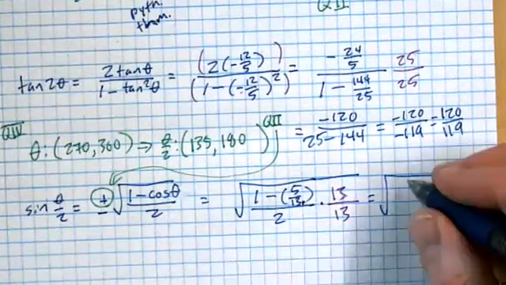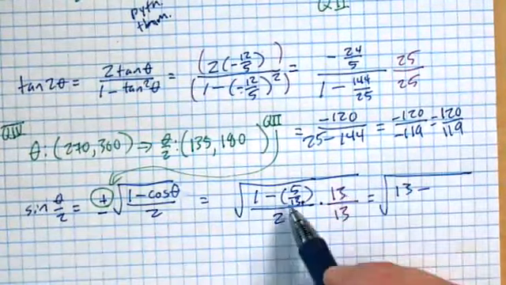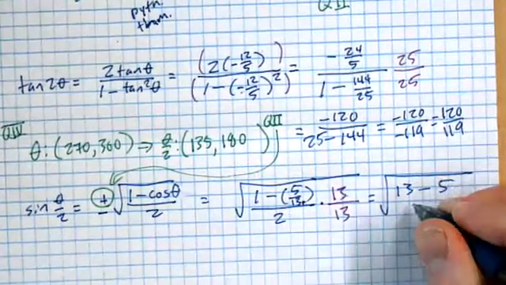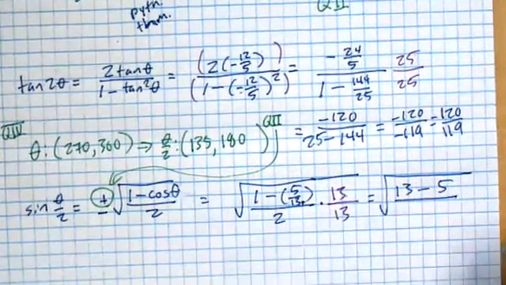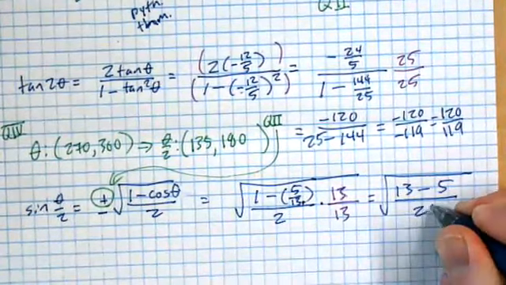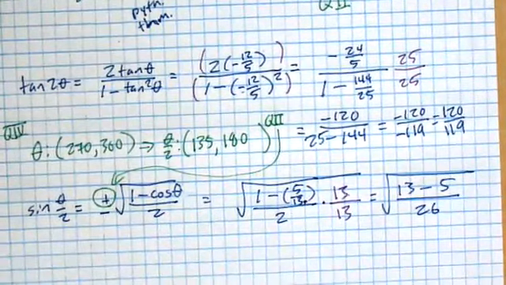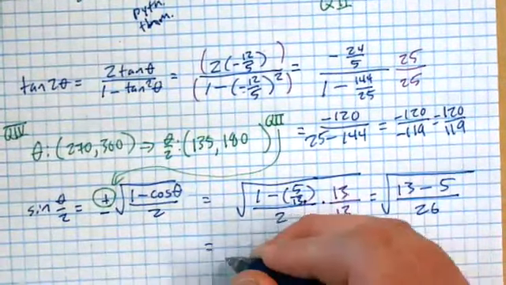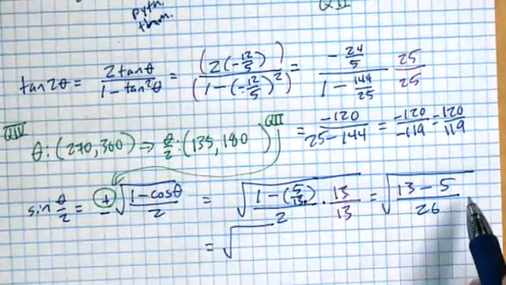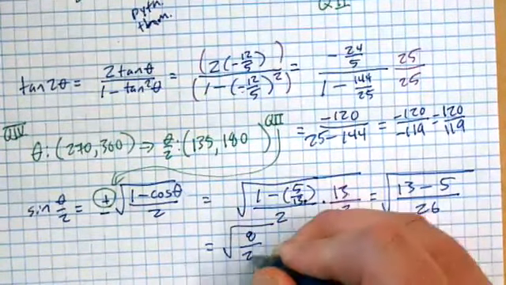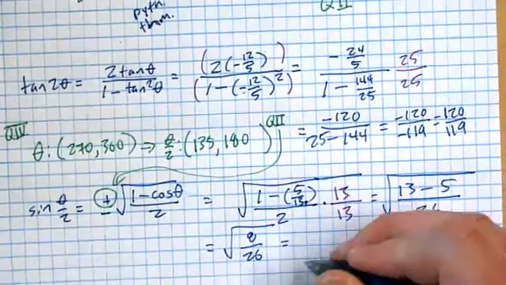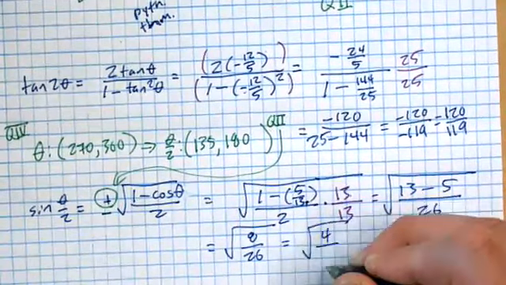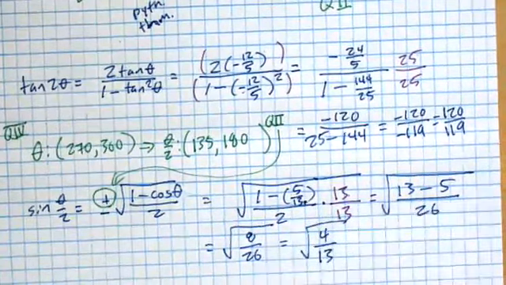So 13 times 1 is 13, minus 13 times that fraction is going to bust the fraction and just be a 5. 13 times 2 is 26. That's the square root of 13 minus 5, which is 8, over 26. We can reduce that. That's 4 over 13.